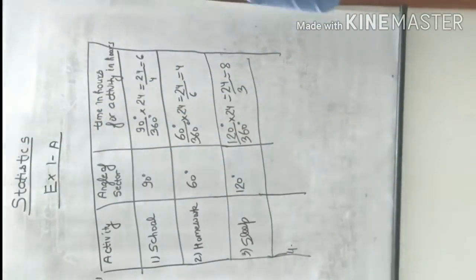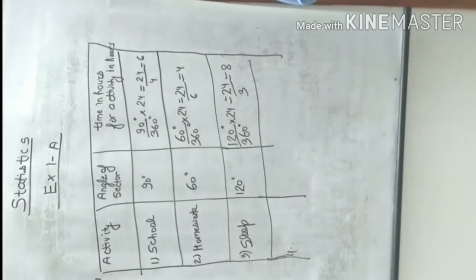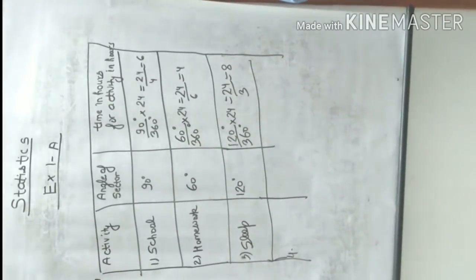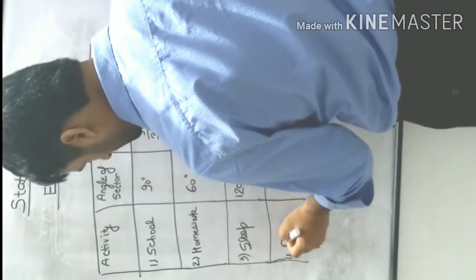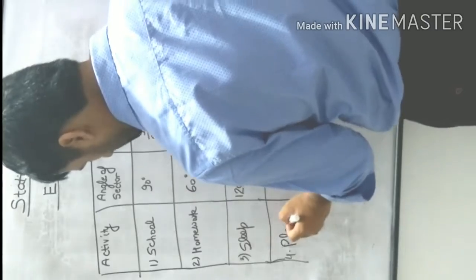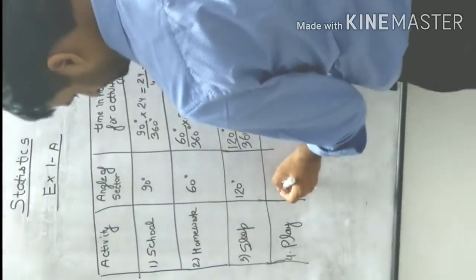Fourth one is play. So play, how much angle is given? 45 degree.